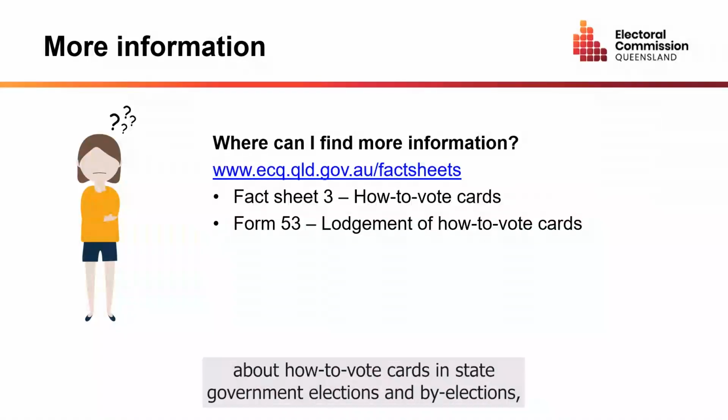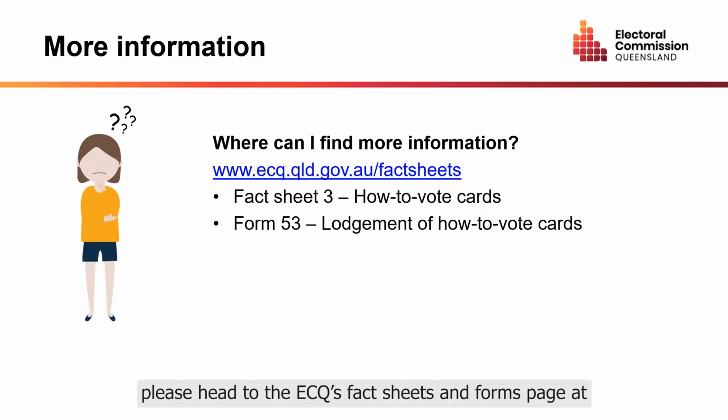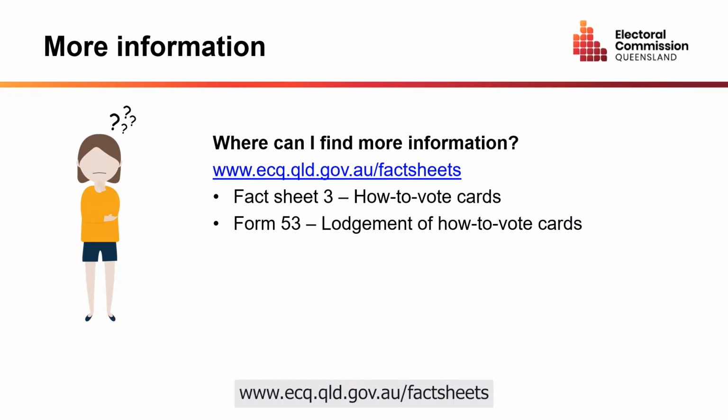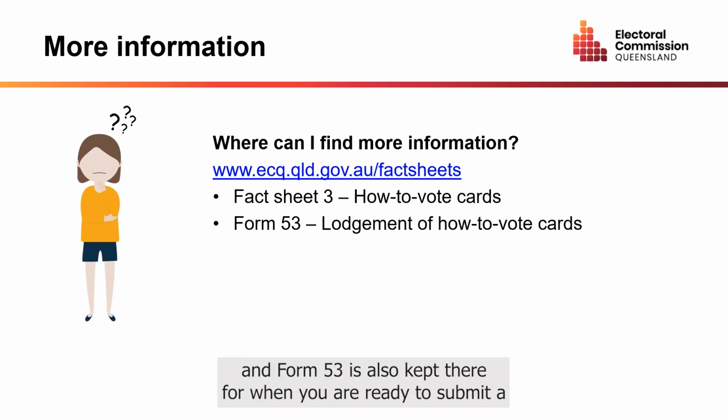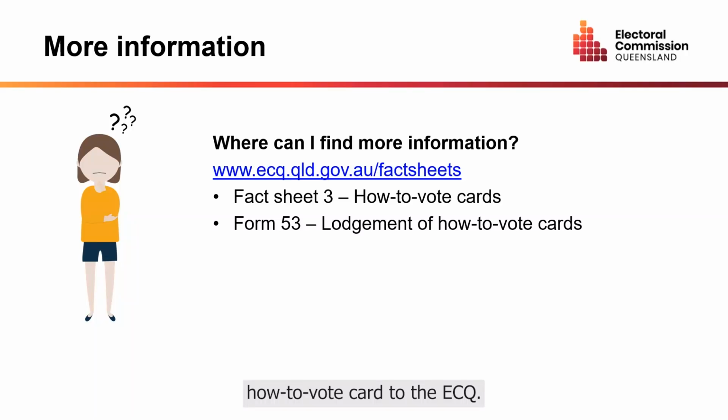For more information about how to vote cards in state government elections and by-elections, please head to the ECQ's Fact Sheets and Forms page at www.ecq.qld.gov.au/factsheets. Fact Sheet 3 is all about how to vote cards, and Form 53 is also kept there for when you are ready to submit a how to vote card to the ECQ.